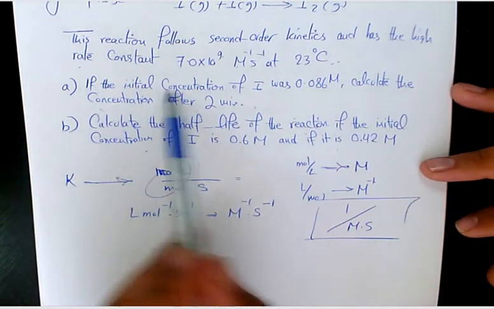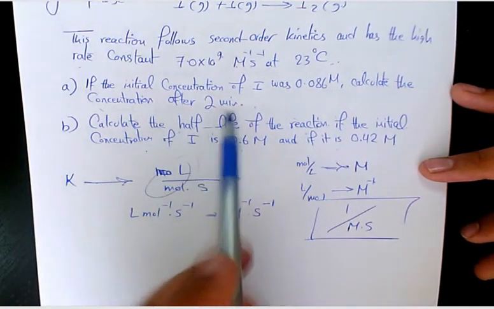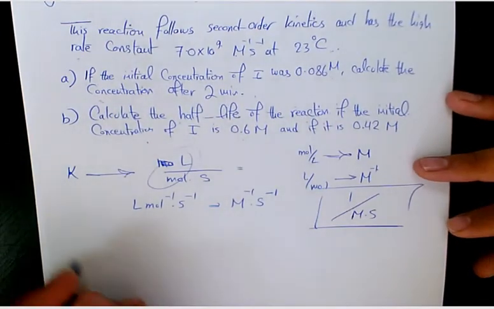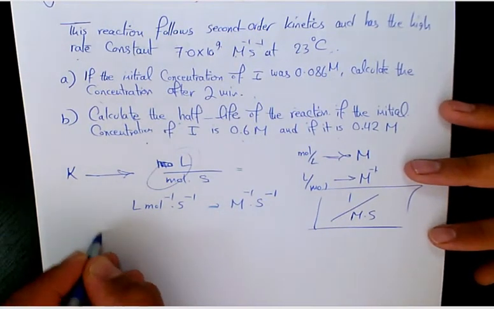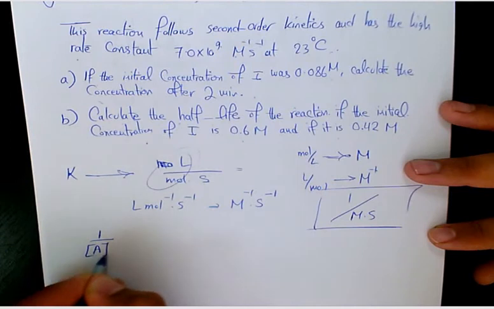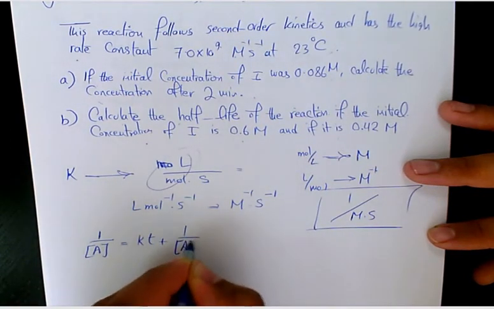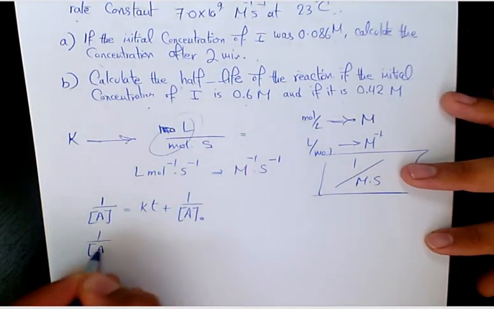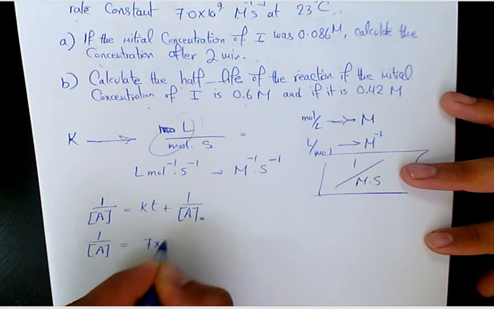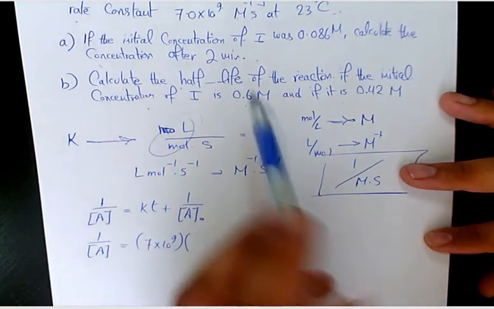So it says if the initial concentration is 0.086, calculate the concentration after 2 minutes. So the rate constant is given. We can say that 1 over A equals KT plus 1 over A naught. So 1 over A, K is 7 times 10 to the power of 9, times 2 minutes.